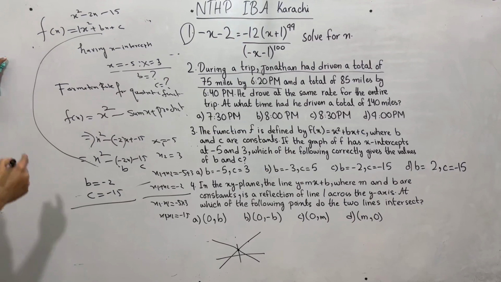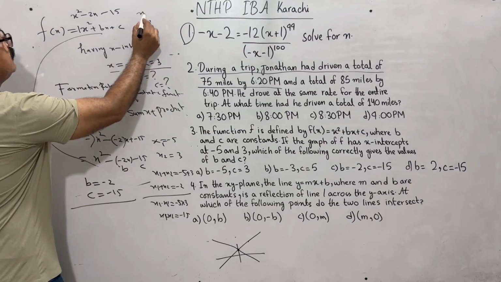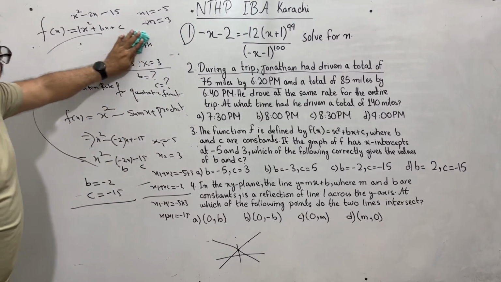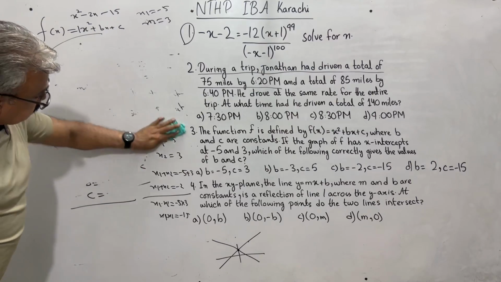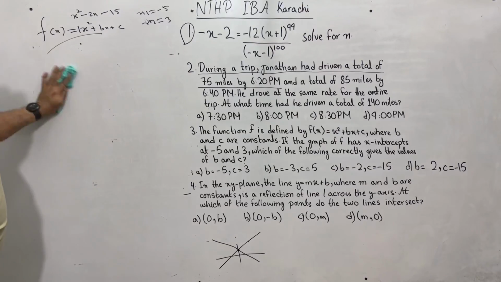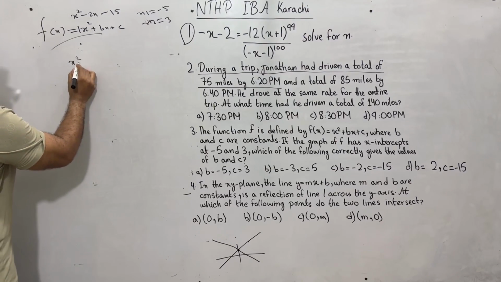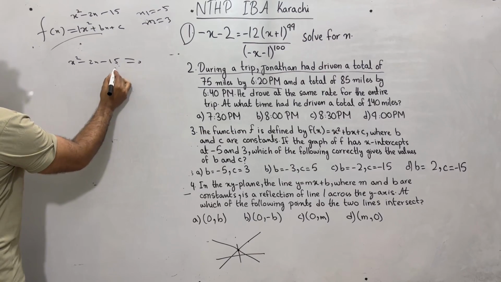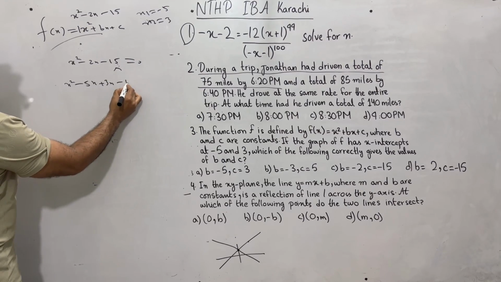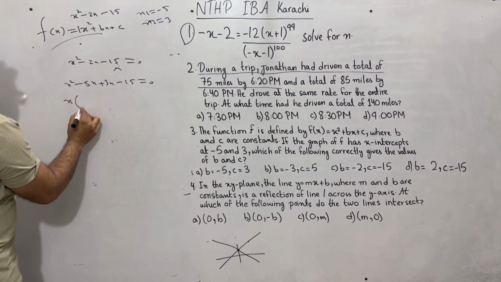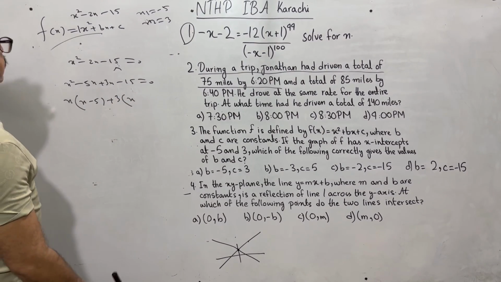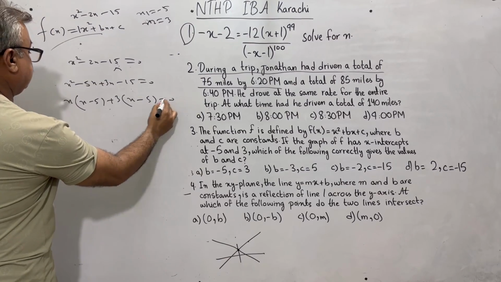Okay, we are going to verify. If we get the values of roots -5 and 3, then we are correct, otherwise we are not. Let's see and verify. We have x square minus 2x minus 15 is equal to 0. 5 times 3 is 15. If I write this as x square minus 5x plus 3x minus 15 is equal to 0, taking x common, x minus 5 and x plus 3 is equal to 0.